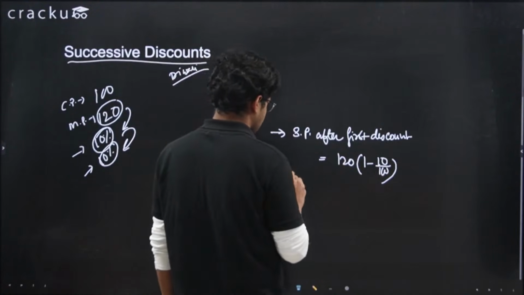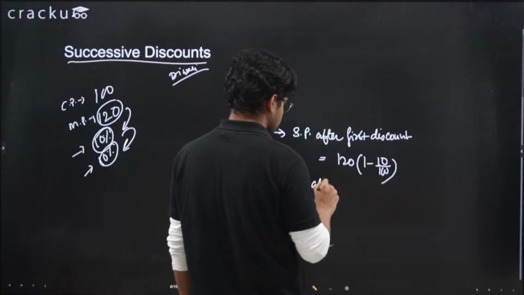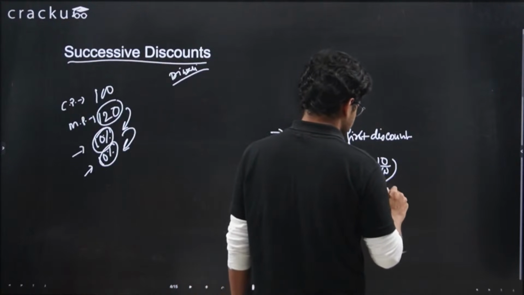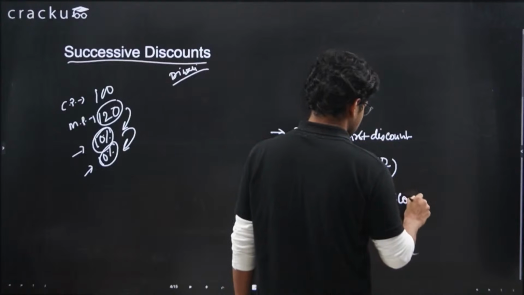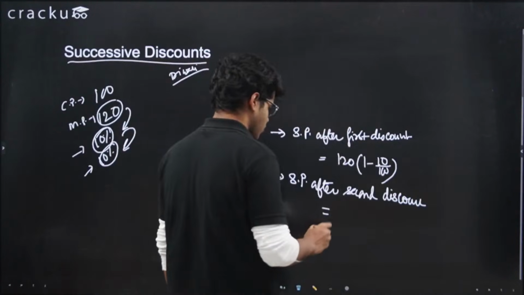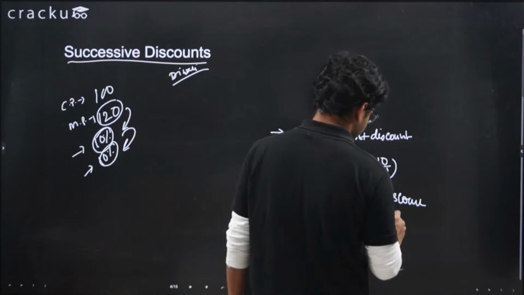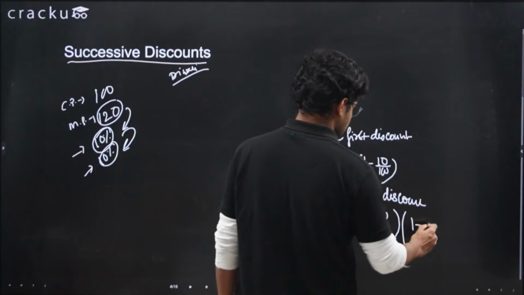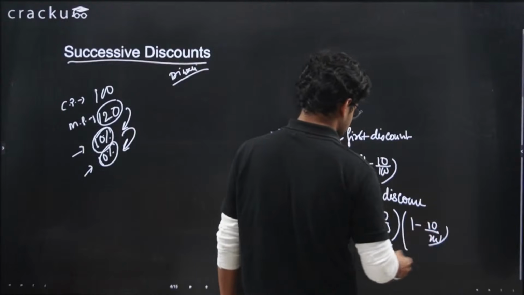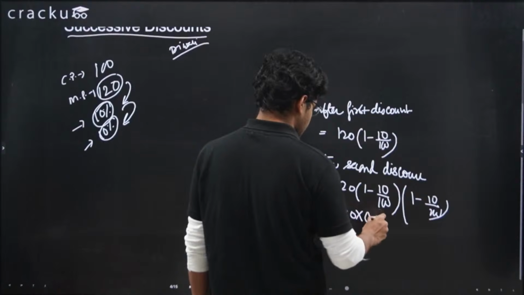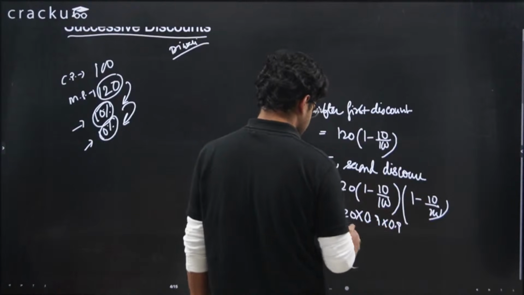And selling price after second discount is nothing but 120 into 1 minus 10 by 100 into again 1 minus 10 by 100. So it is 120 into 0.9 into 0.9.